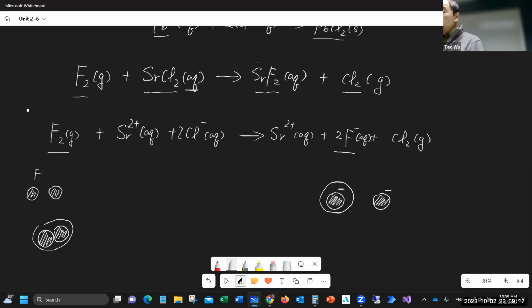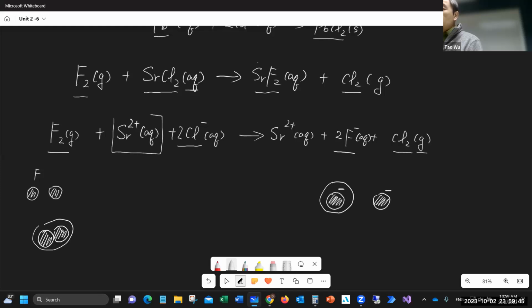So you see, those 2 are different things, and that is why you cannot cancel those 2. Just like this, 2 chloride ions are different from one chlorine gas. And by the way, this is gas phase, this is aqueous. Aqueous means they dissolve in the water, right? So obviously, those 2 are different. So that is why you cannot cancel.